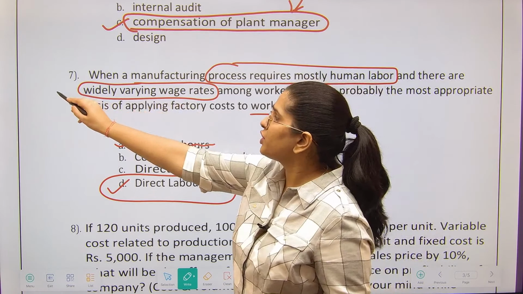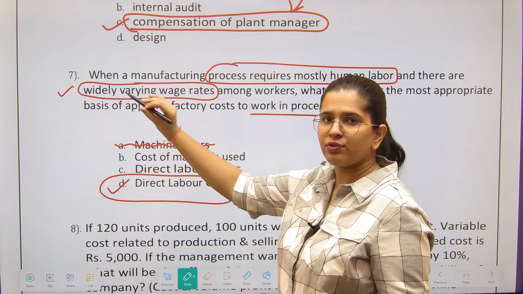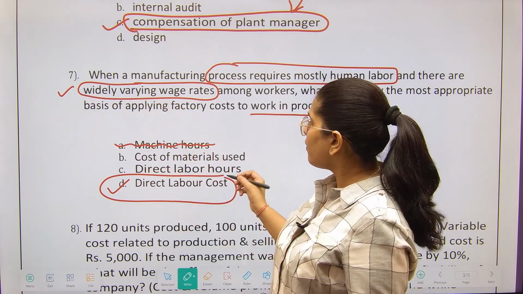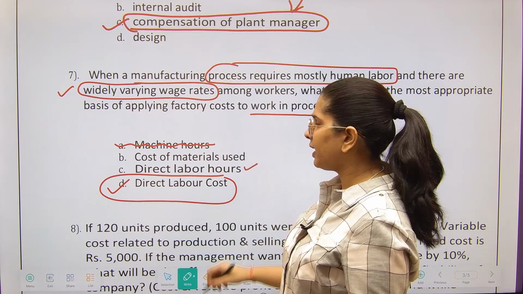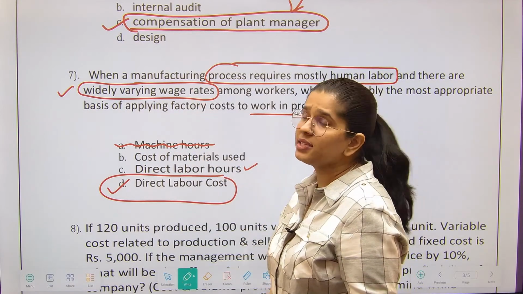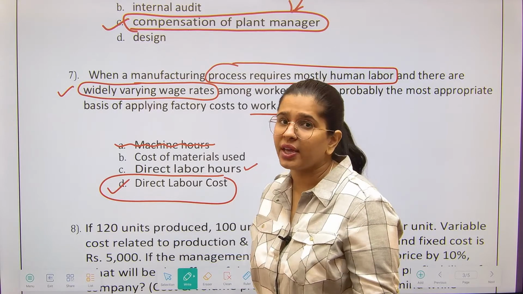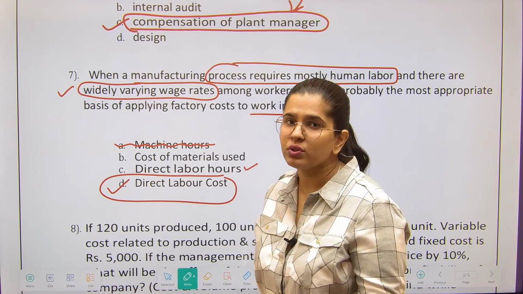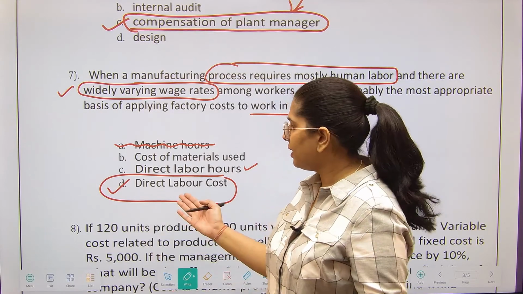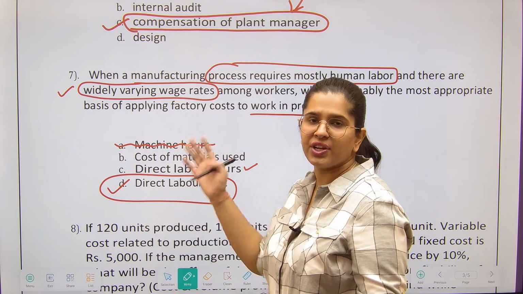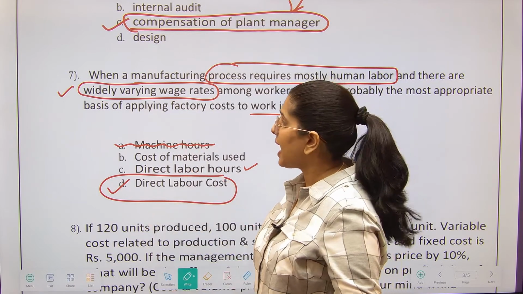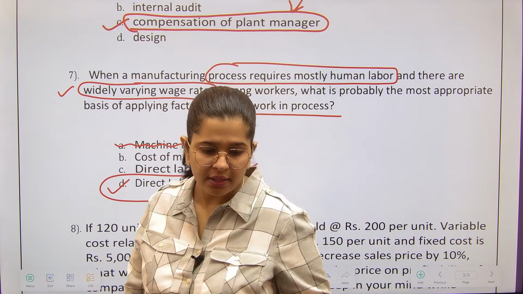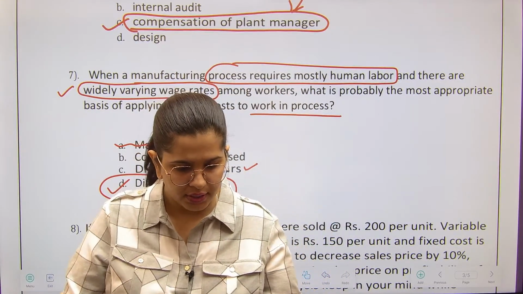This is the information which has been given to you. You have to use this. I would also have taken direct labor hours, but the question says that wage rate is widely varying. It means you have to use a combination so that it reflects the differential wage rates as well. So option is D. Do you guys have any doubt?